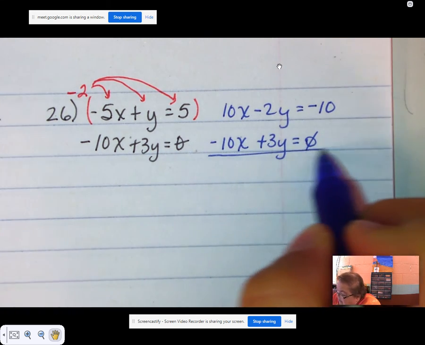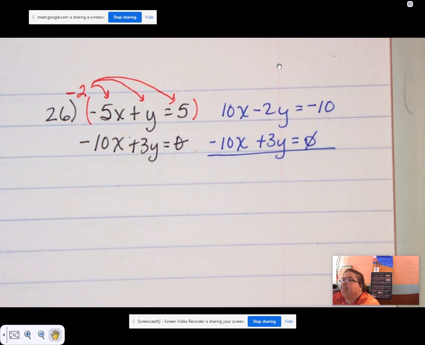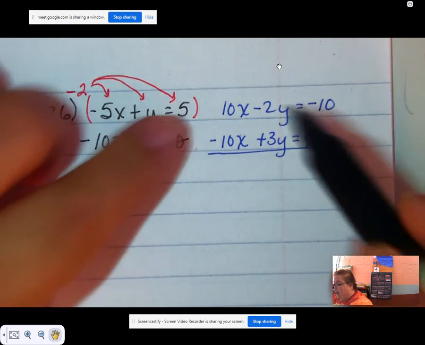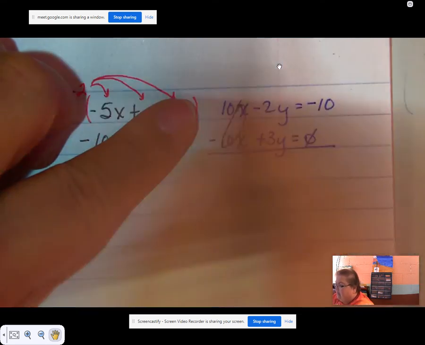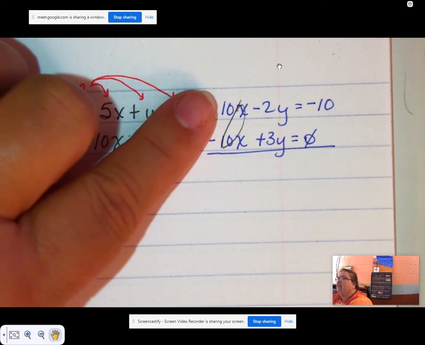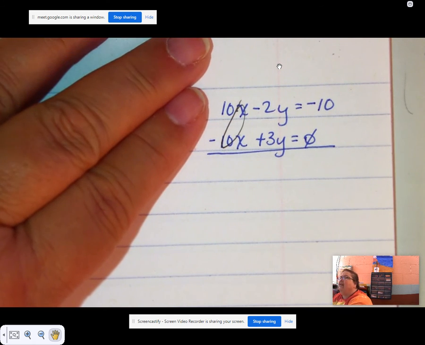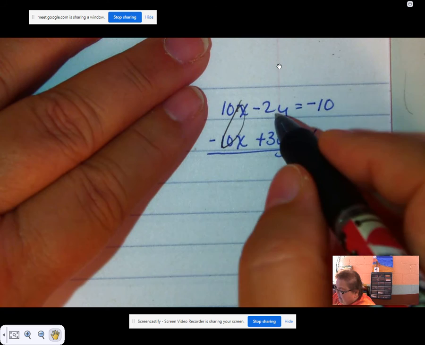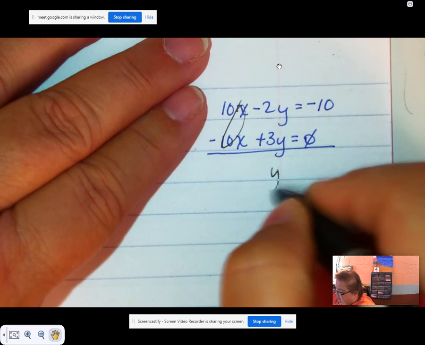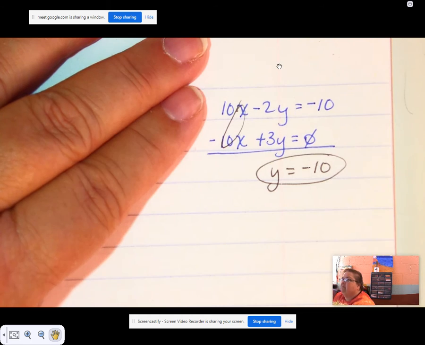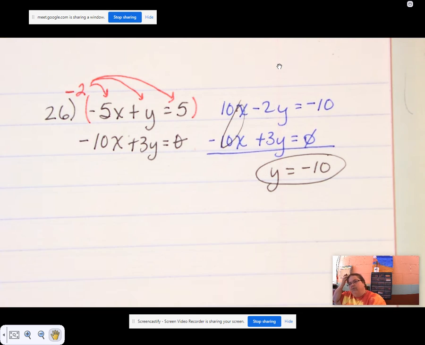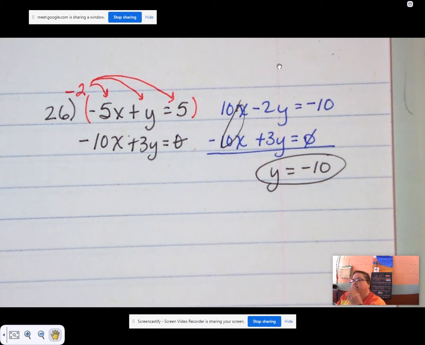And this is what we will work from. Because now what we've got is, what is 10x minus 10x? 0. So the x's are gone. They are eliminated. -2 plus 3y is just y equals -10. So now I have solved for one of my variables.